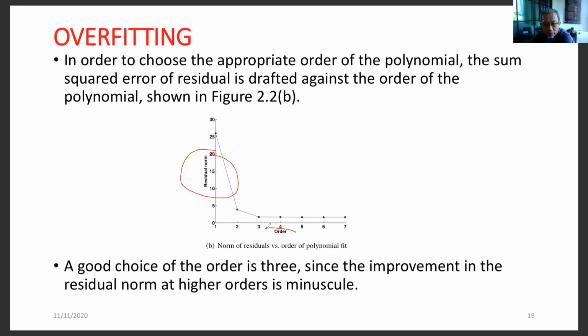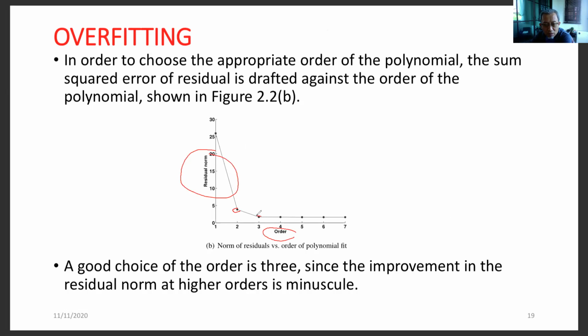Then this is the order of the system. So you can see that at order 1, the residual norm is very high, 25. When it goes to 2, there is a big jump between 2 and 1. So the residual is 25 plus for order 1, and about 4.5 for order 2.